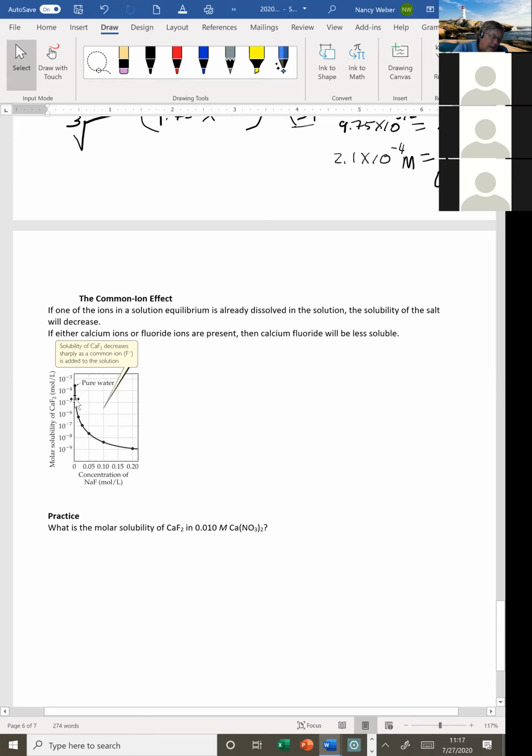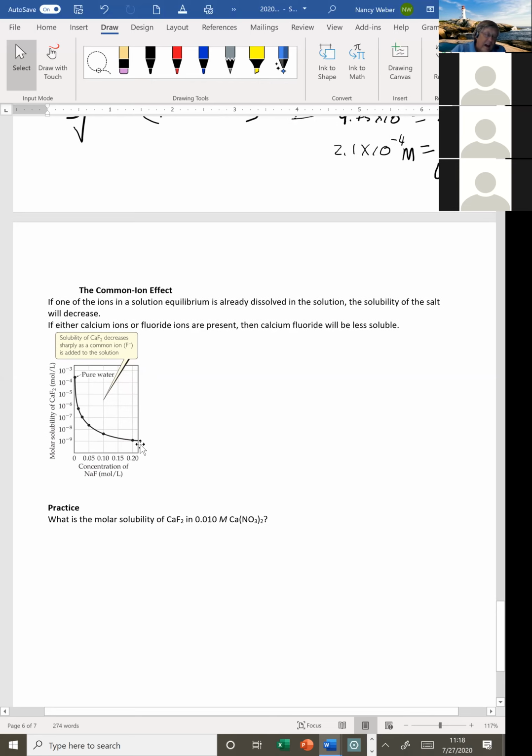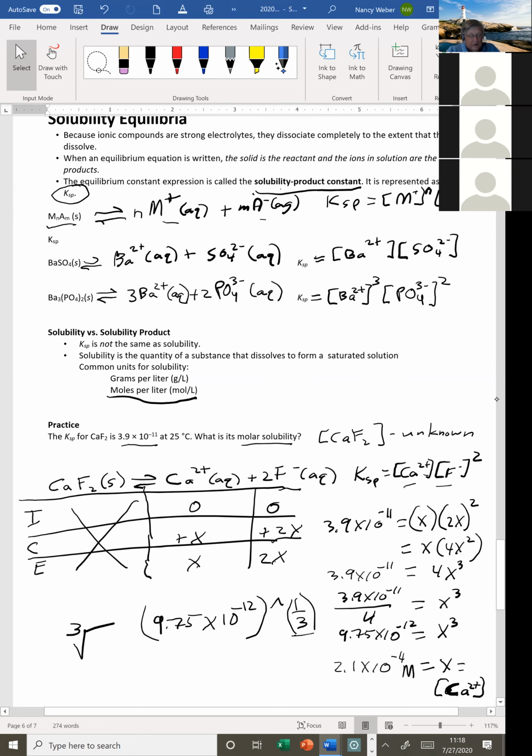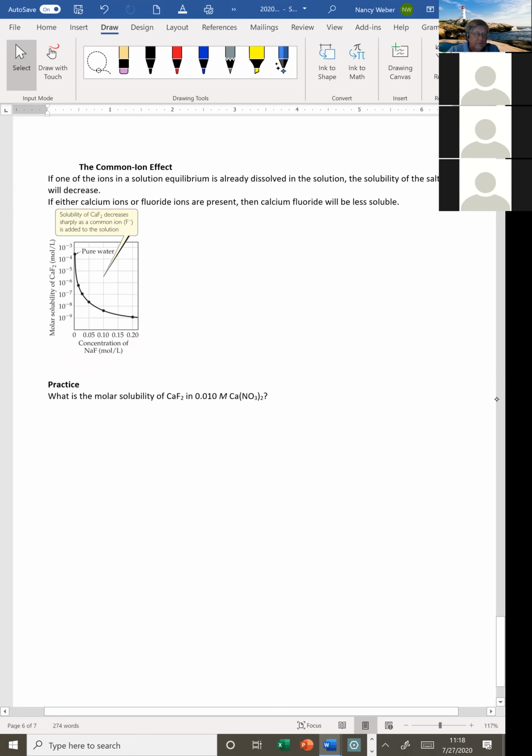So they're looking at how the solubility changes as you add some common ion. And what you find is it changes really rapidly and it decreases the solubility. So if you add either calcium ion or fluoride, calcium fluoride becomes less soluble.